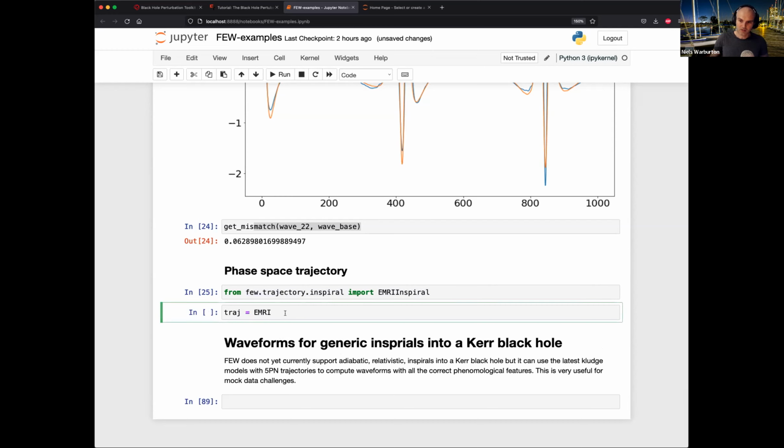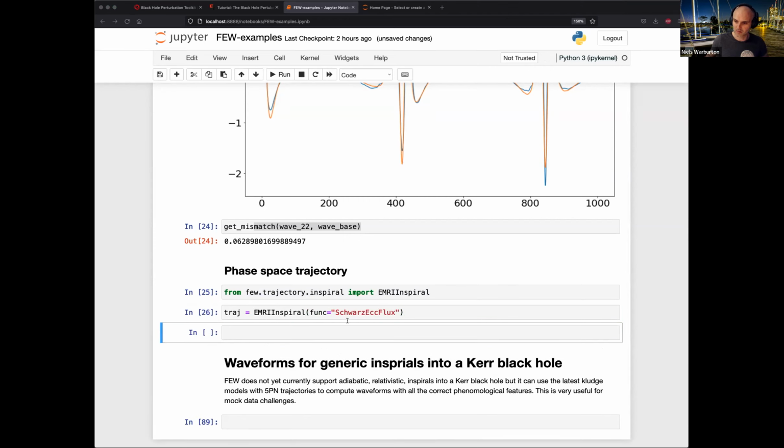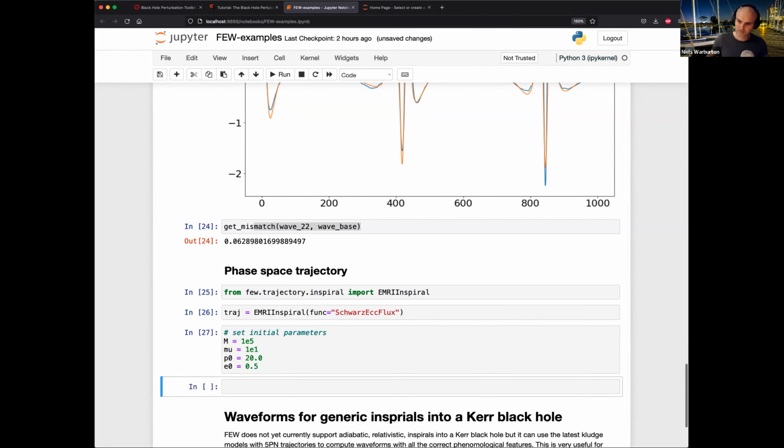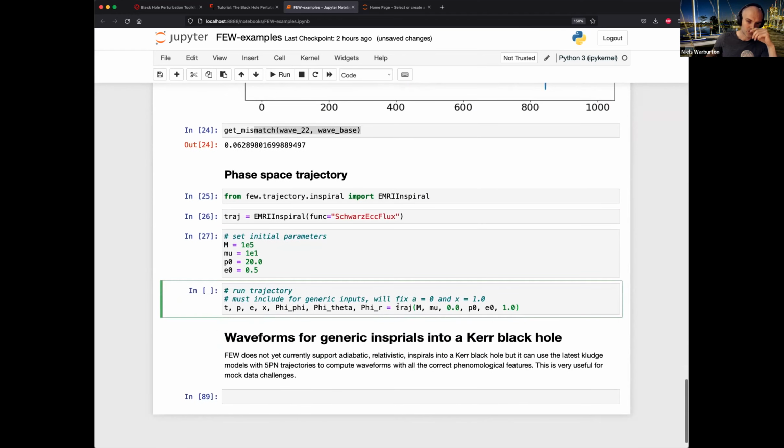The trajectory is given by EMRI inspiral func. The function is going to be the Schwarzschild eccentric flux. And once again, we'll set some initial parameters. And yeah, in the interest of time, I will just cut and paste this in. There's this trajectory function which will return all this other data.